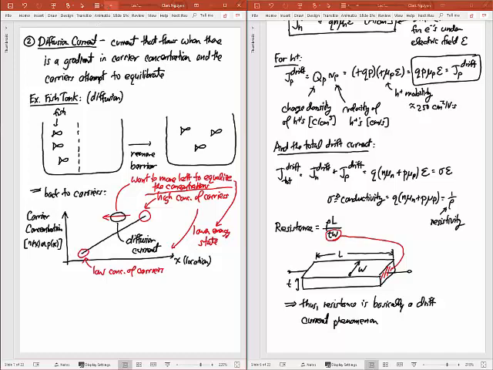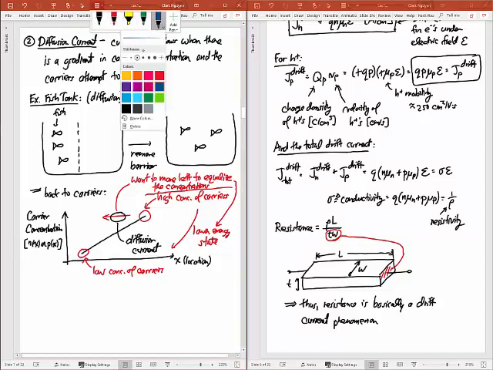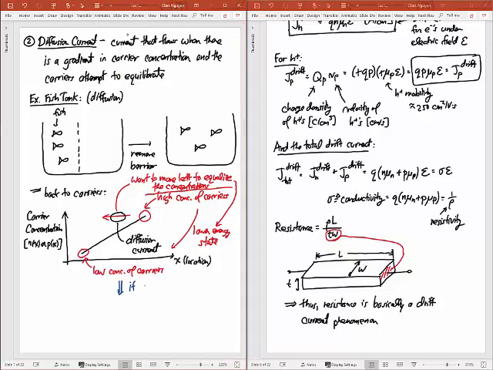So if carriers had their way, then at the end of all of this, that's x again, this is also carrier concentration.